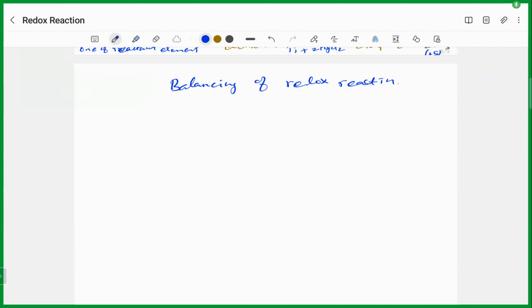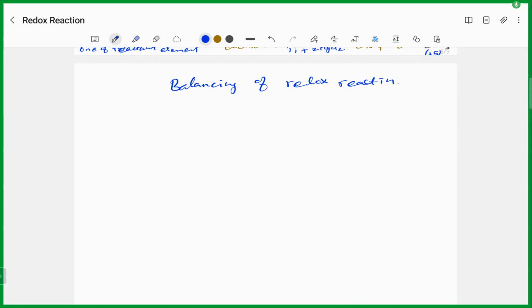H2PO2 minus. So look here, in the elemental form, what is the oxidation number of the phosphorus? It will be 0.